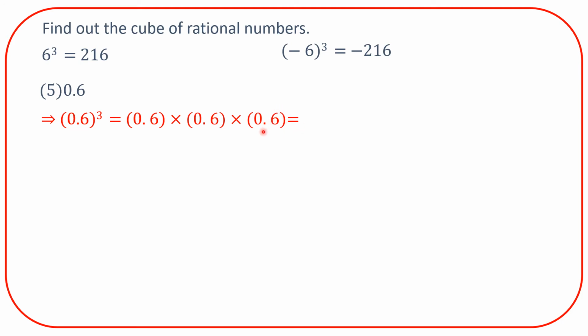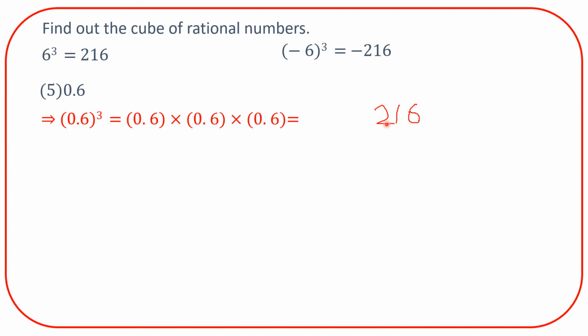Therefore, in the product, how many places are there after the decimal point? 1, 2, 3 places. 6 into 6 into 6 is 216, but the decimal point is after 3 places.